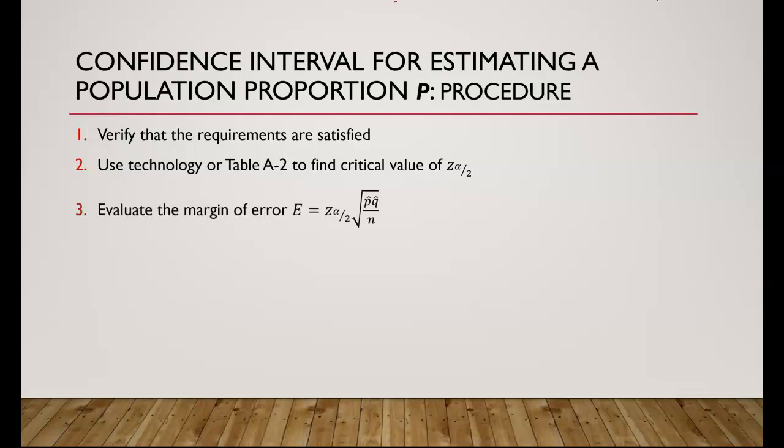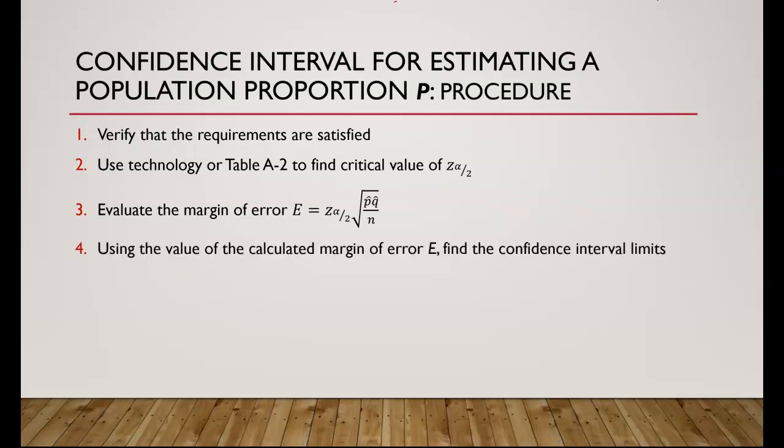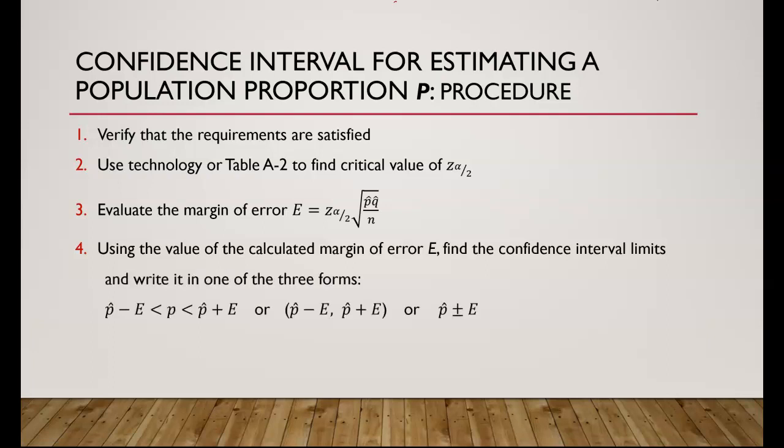Next step, we will evaluate the margin of error using the formula z of alpha over 2 times the square root of p hat times q hat divided by n. Then, using the value of the calculated margin of error E, we will find the confidence interval limits and write it in one of the 3 forms.